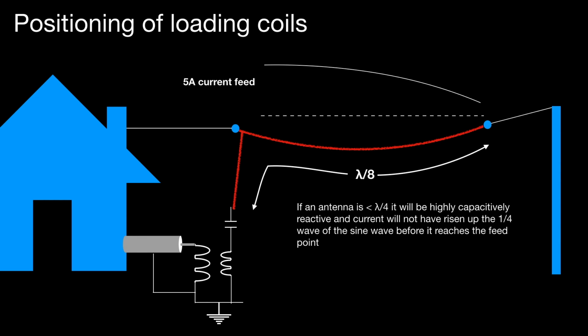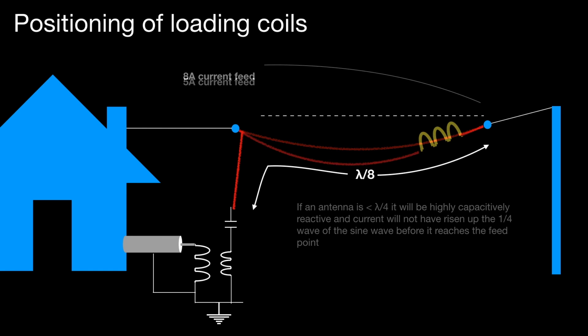Here in this example we've said there's a 5 amp current feed. Now with this setup, you need to increase, if possible, the electrical length of that lambda by 8 to get it closer to lambda by 4, or greater, so that the current will have time to fully establish in both of its half cycles.